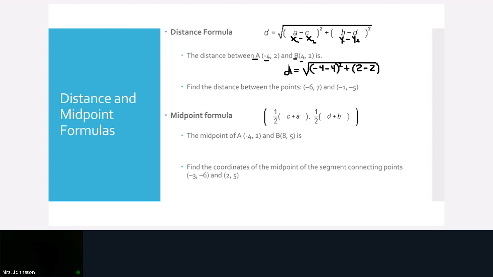And that is the same as using the Pythagorean theorem to find the hypotenuse, which is what we're finding when we find the distance. Now to calculate this, -4 minus 4 is -8, and -8 squared is 64. 2 minus 2 is 0, 0 squared is 0, so this is simply the square root of 64, which equals 8. So the distance between these 2 points is 8 spaces.